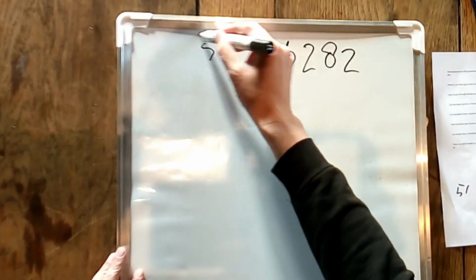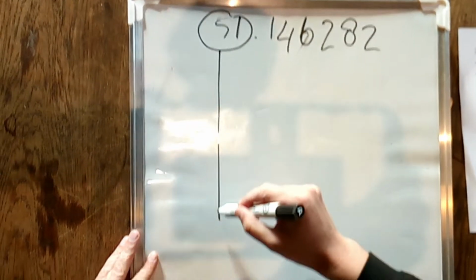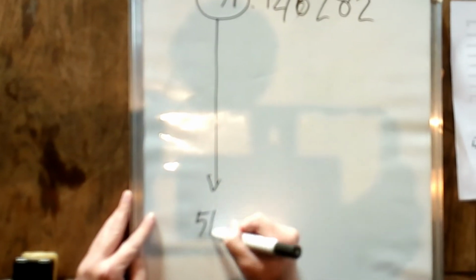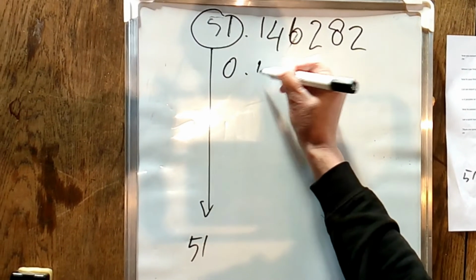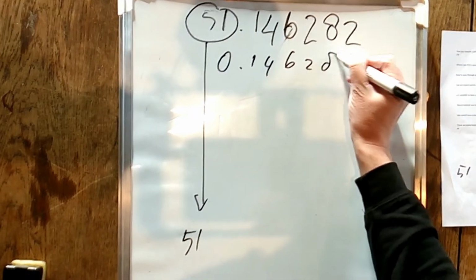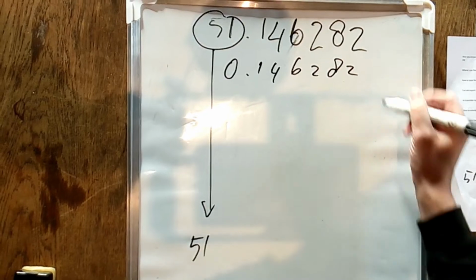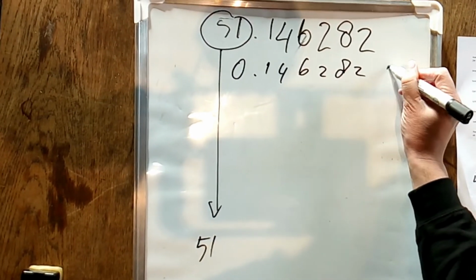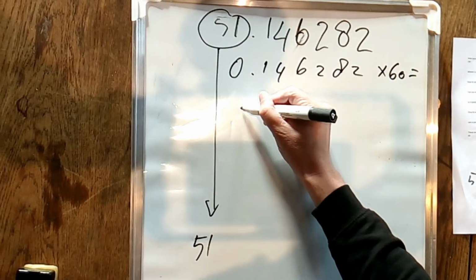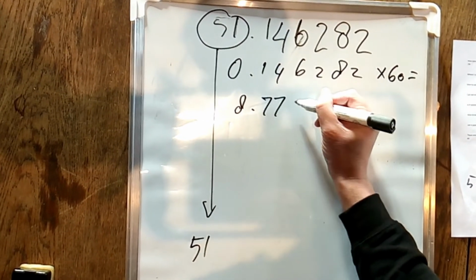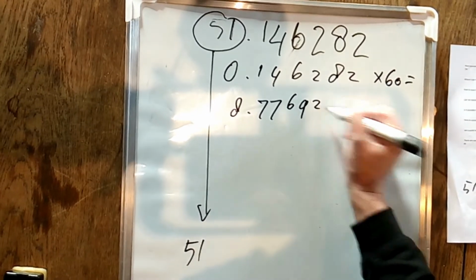So this number 51, we can go straight down, and those are the decimal degrees. So what we have left then is 0.146282. What we have to do then is to multiply it by 60, which gives us 8.77692.